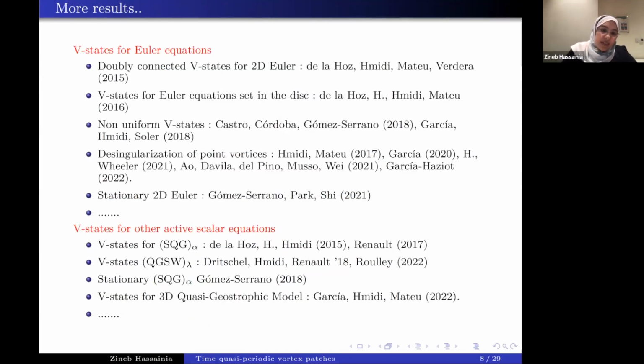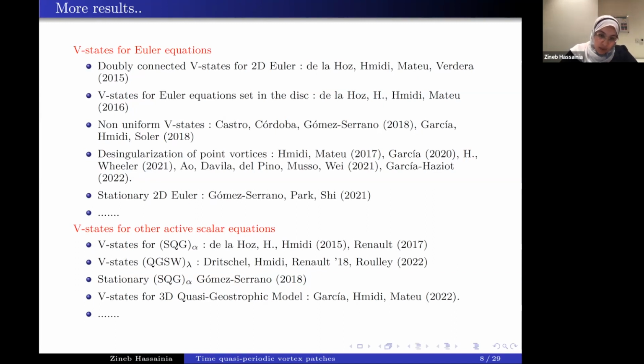Yes, so there were many recent results in the subject: the bifurcation from the annulus to construct a doubly connected rotating patch, the construction of a rotating patch when the Euler equation is set in the disk, the desingularization of the vortex patches with non-uniform smooth profile, the desingularization of point vortices, and the construction of compactly supported stationary solutions. And similar results were also obtained for other active scalar equations, like the surface quasi-geostrophic equation and the quasi-geostrophic shallow water equations.